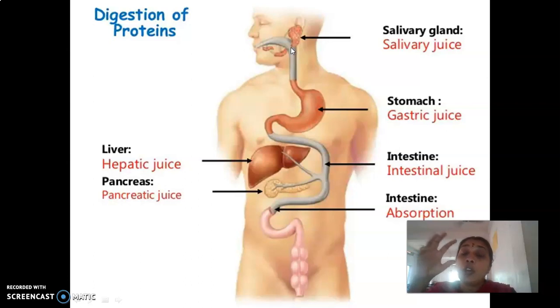So the function of the HCl in the digestion of protein happens in three different ways.